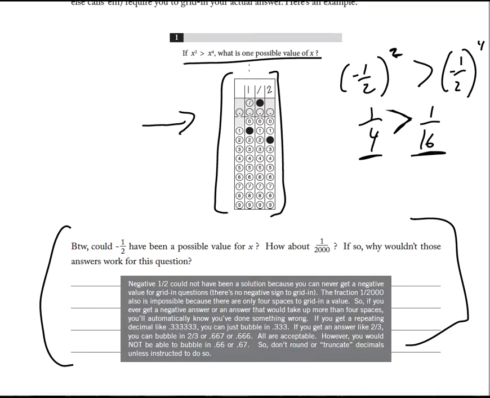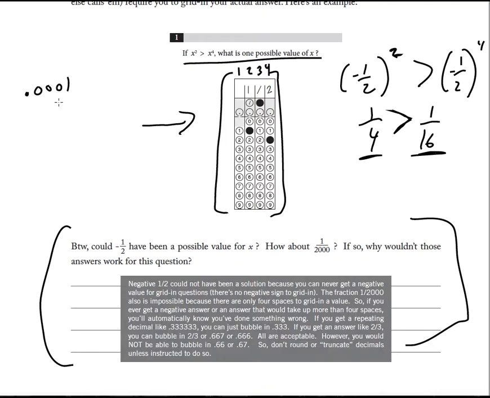In addition to that, notice here, we've got 1, 2, 3, 4 spaces in which you have to write your answer. So that tells you that if you get something like 0.0001 as your answer, that could never be the correct answer because there would be no way to bubble that in.